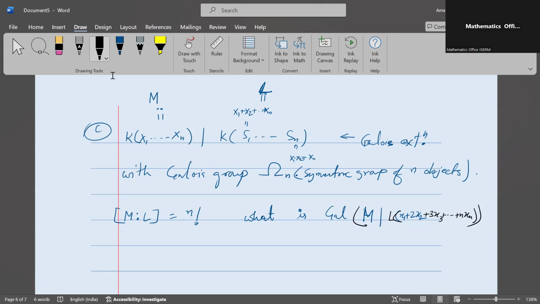Let's just attach this single element to L. If this Galois group is of order 1, this is a Galois extension anyway, so this is the same as the degree of the extension.